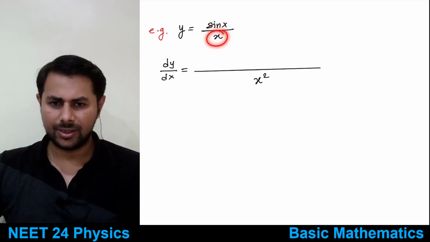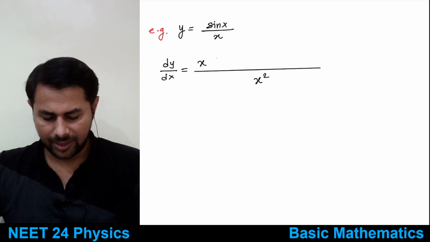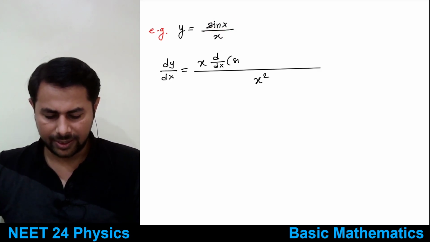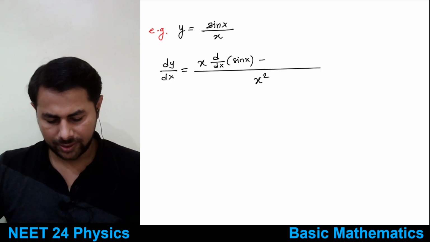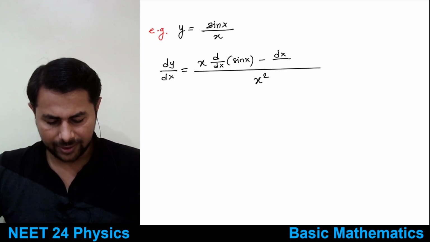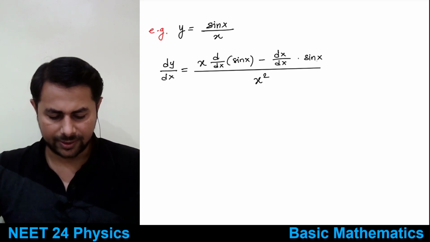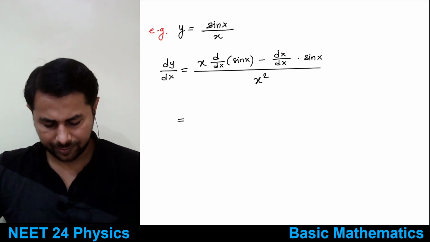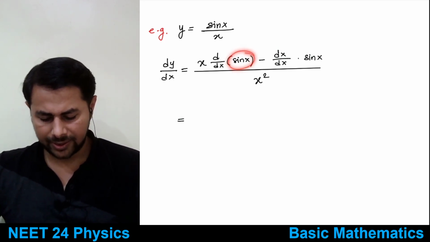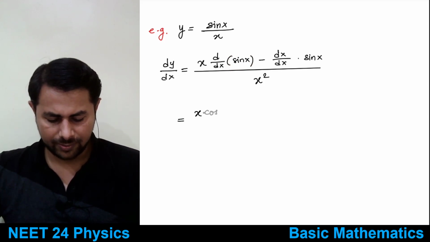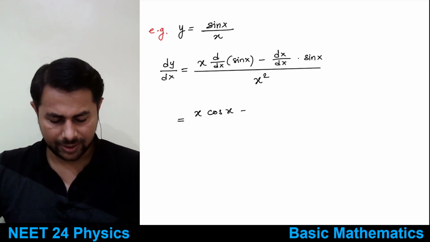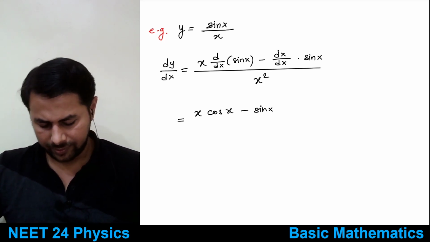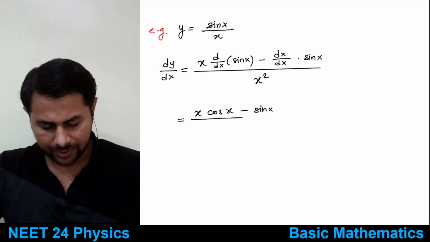You will start with the denominator, so it is x multiplied by the derivative of the numerator, that's sin x, minus the derivative of the denominator, dx by dx, multiplied by sin x as it is. The derivative of sin x is cos x, so this is x cos x minus dx by dx, which is 1, then sin x only, upon x square. So this is the answer.